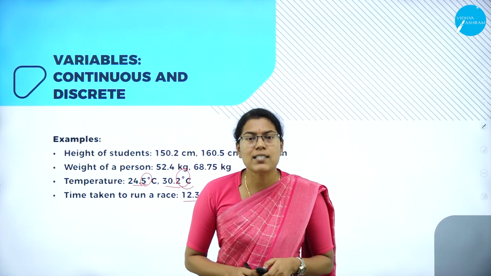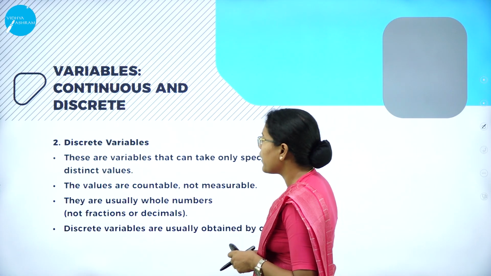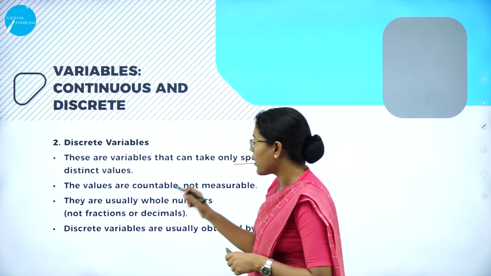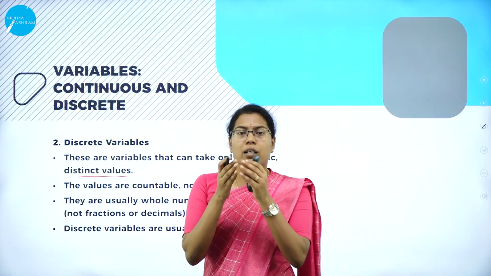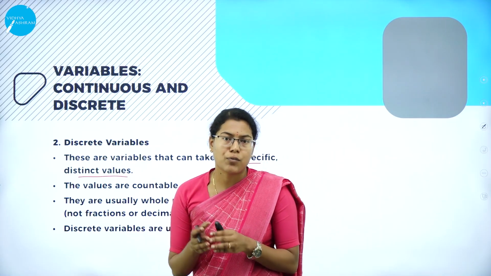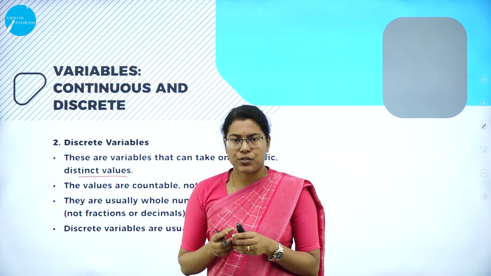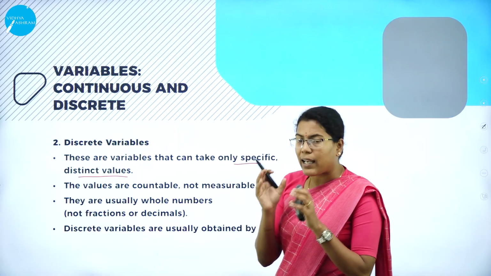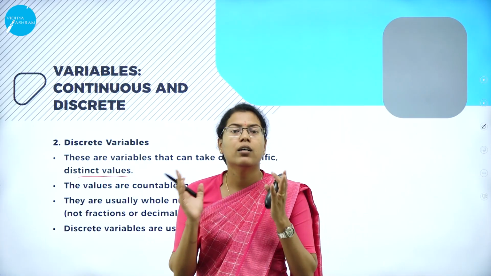So then let us see what are discrete variables. So here discrete variables are the variables that can take only specific or distinct values. That means the numbers cannot be in continuous format, or it can't be measured in terms of decimals and fractions. So it takes specific or distinct values. Like it can be not 3.5, rather it will be either 3 or 4.